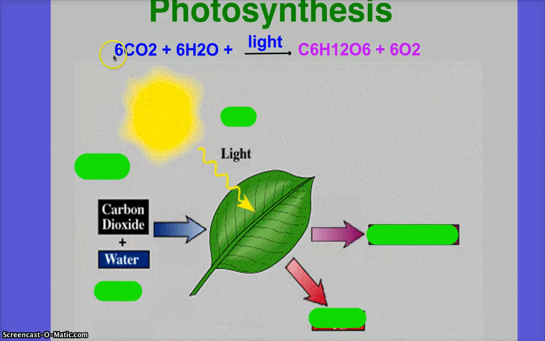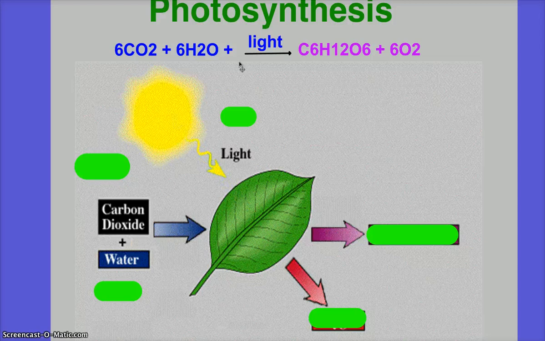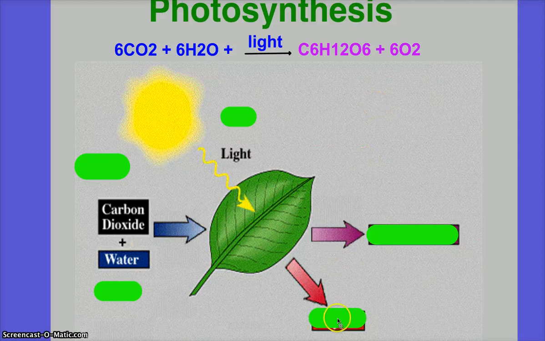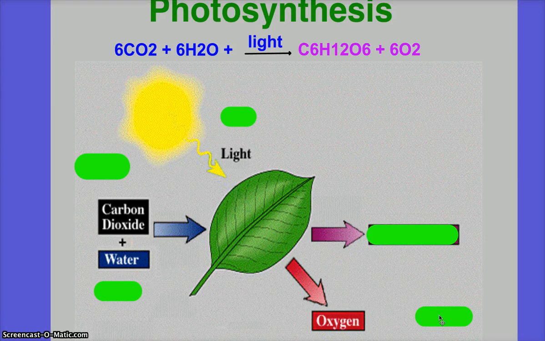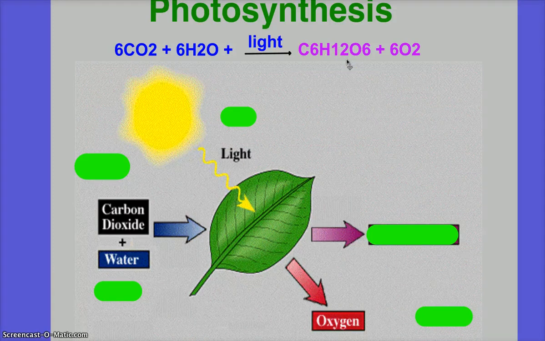And this means 6 molecules of carbon dioxide plus 6 molecules of water plus light. And it doesn't necessarily have to be sunlight. It could be light, like light. So those rays make what? Oxygen, which is O2. And you know what this food is, right? Sugar. What sugar?